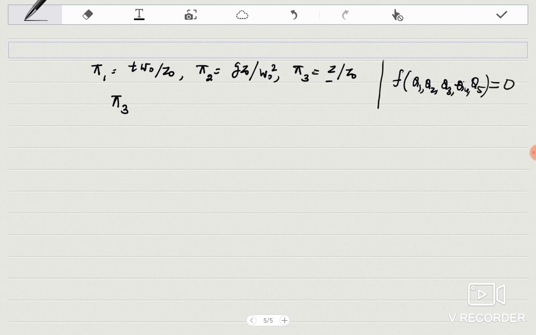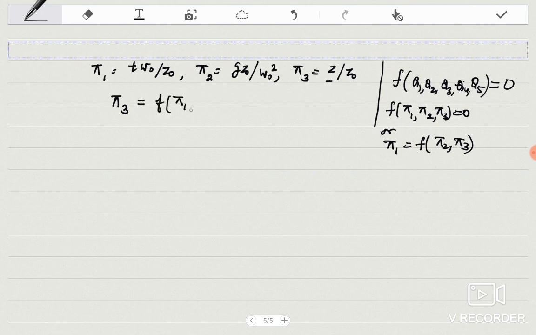So Buckingham pi theorem says that this may be written as a function of pi 1, pi 2, pi 3 is 0, or pi 1 may be written as a function of pi 2 and pi 3, or pi 2 may be written as a function of pi 1 and pi 3, or pi 3 may be written as a function of pi 1 and pi 2. So I am writing pi 3 as a function of pi 1 and pi 2.